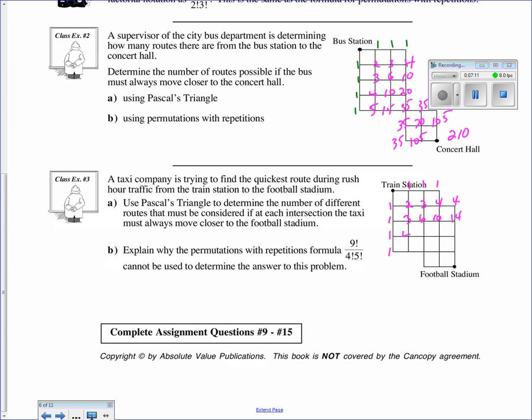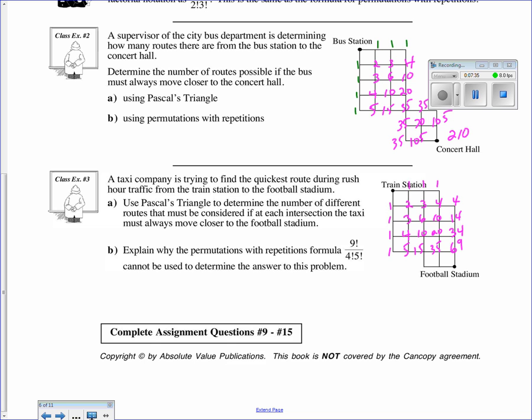So 4, 10, 20, 34, 5, 15, 35. 35 plus 34 is 79. Kind of seems like an odd number. 69, pardon me. 69.